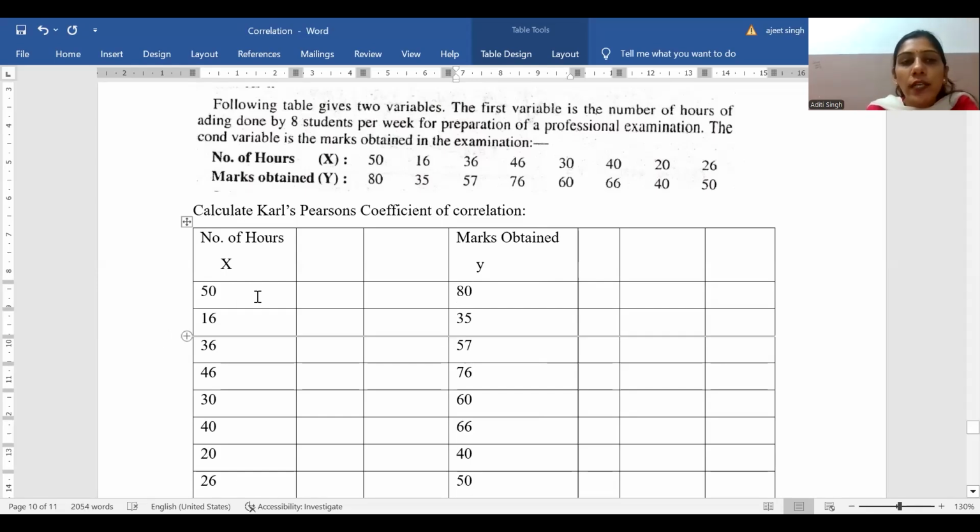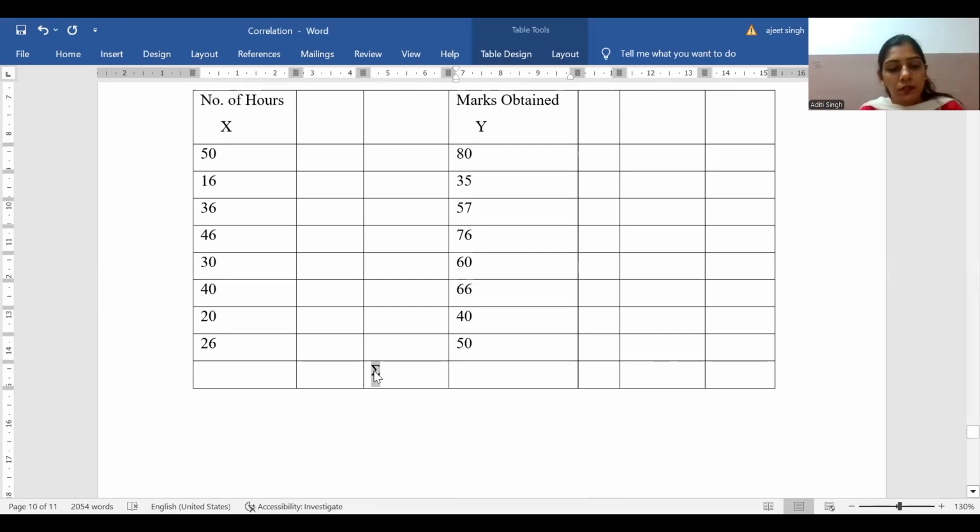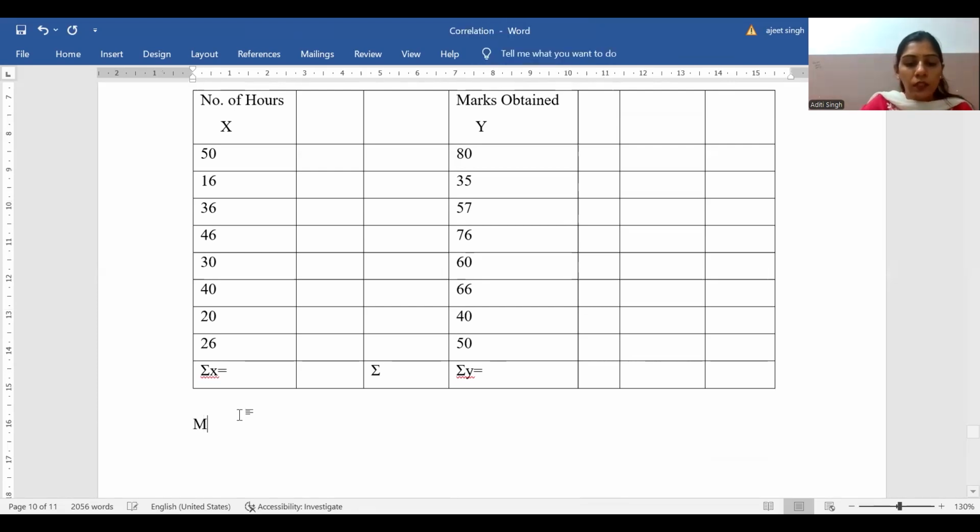Now let's first calculate the sum of x and sum of y. With the help of this information, we will later calculate the mean. So sum of x and sum of y, we have to calculate both. Let me write the formula of mean.